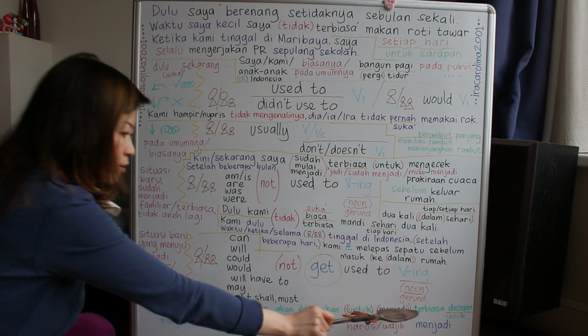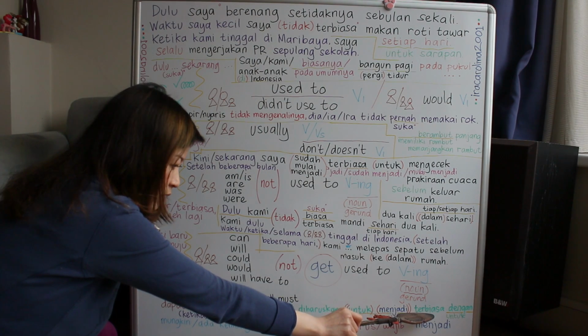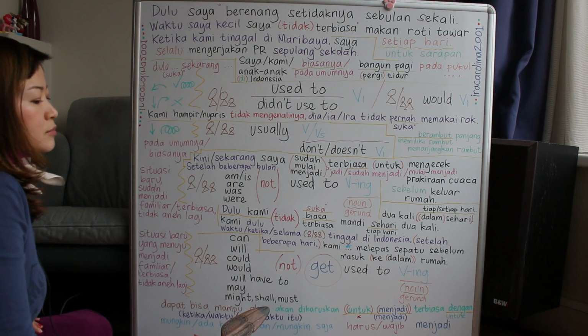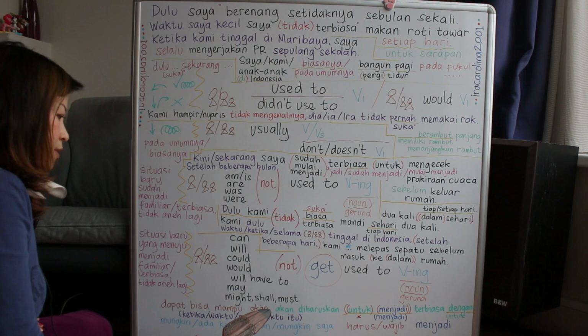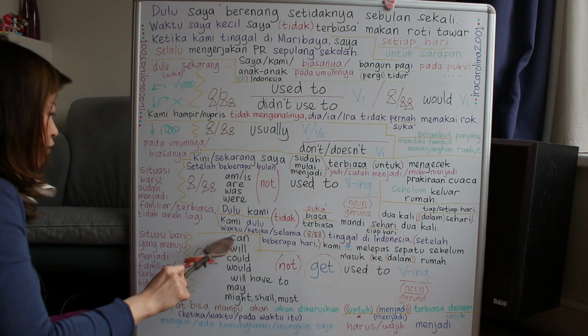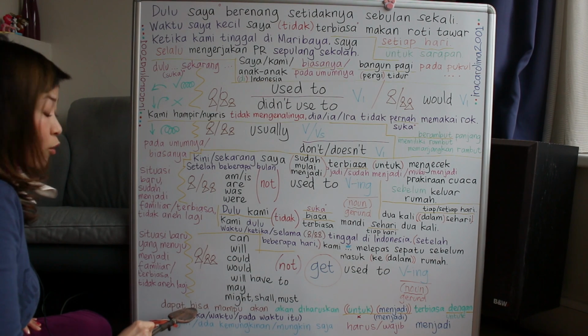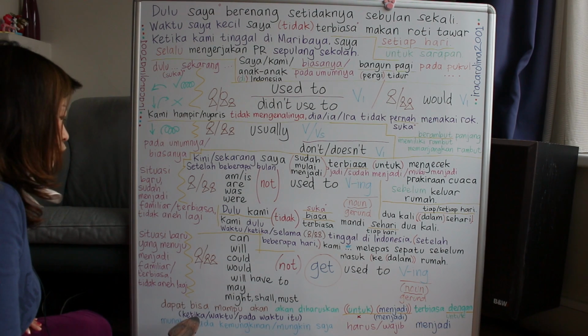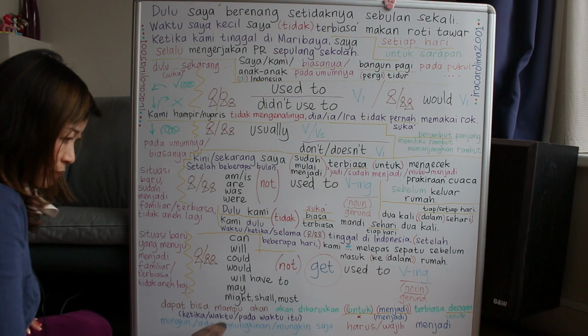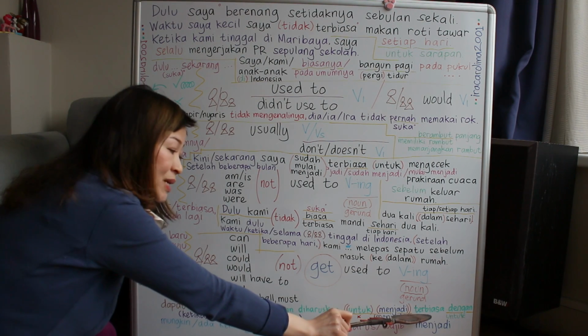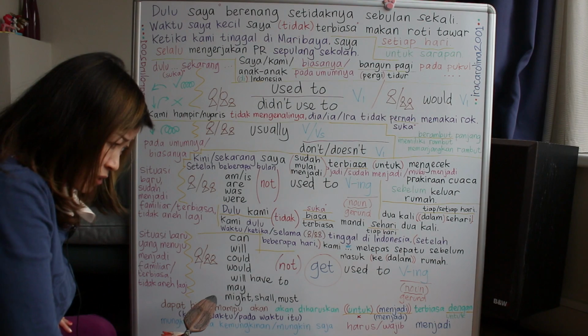And then you put the terbiasa, used. So if you want to say, you can, dapat, or bisa, or mampu, and then terbiasa, used.